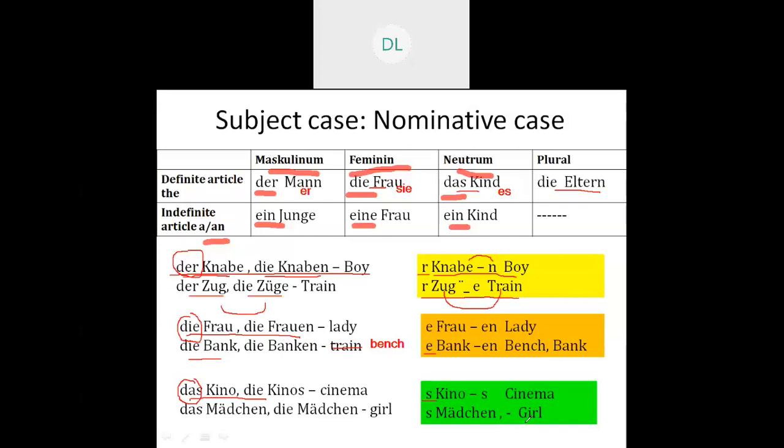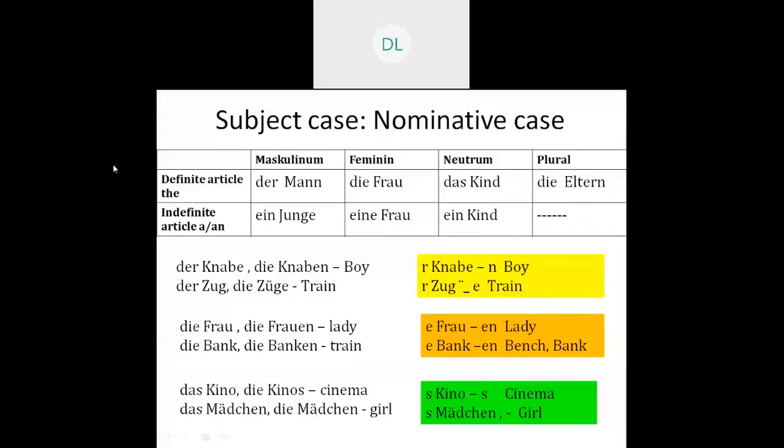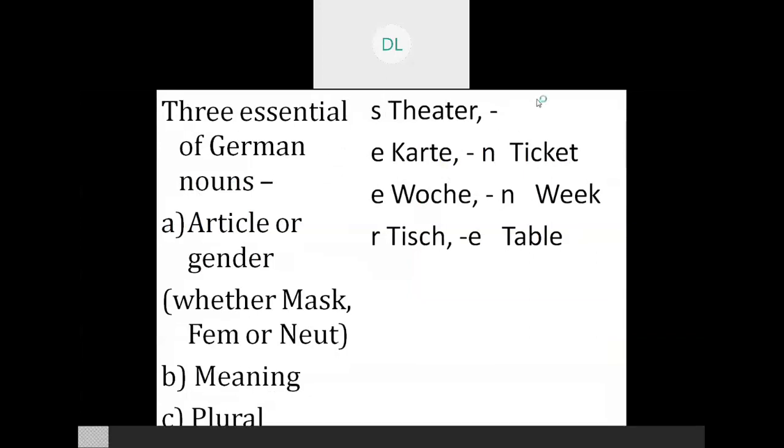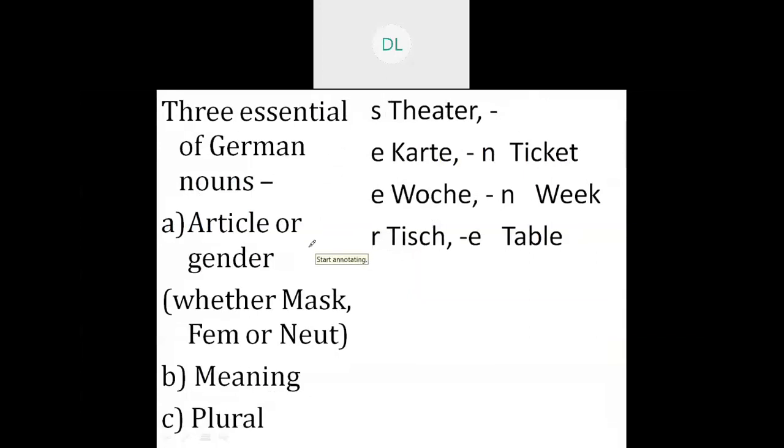So, whenever you are learning a noun, you have to learn three things. Which are the three things? The first one, which is clearly visible on the screen, is the article or the gender. That is whether your noun is masculine, feminine, or neutral. Always it will be specified.